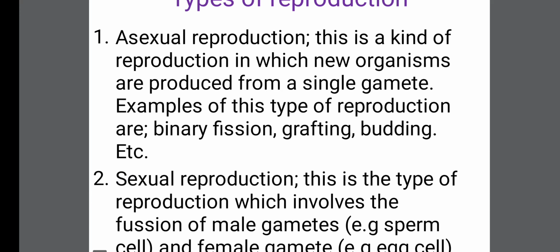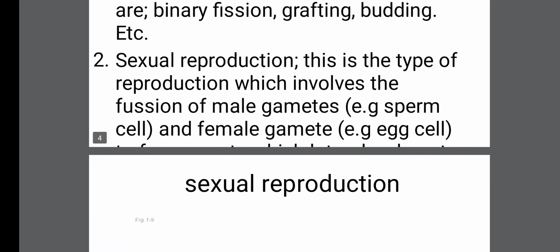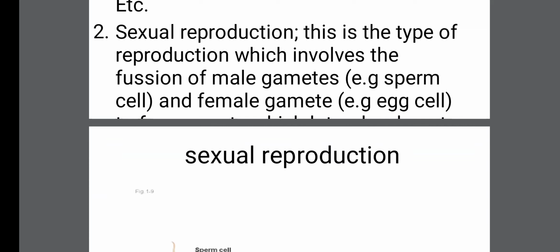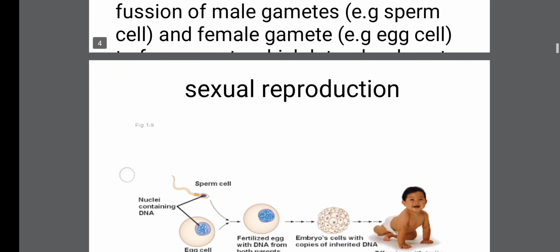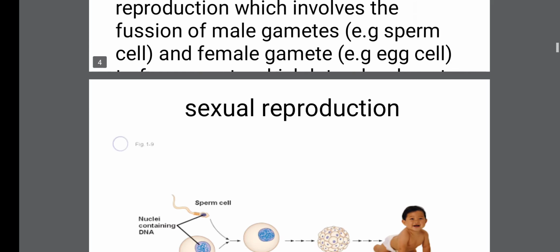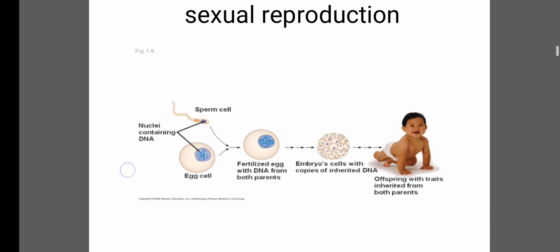In this kind of reproduction, mitosis comes into play, most especially in asexual reproduction. The second one is sexual reproduction. This is the type of reproduction which involves the fusion of the male gametes and the female gametes to form a zygote. Now look at this diagram here.